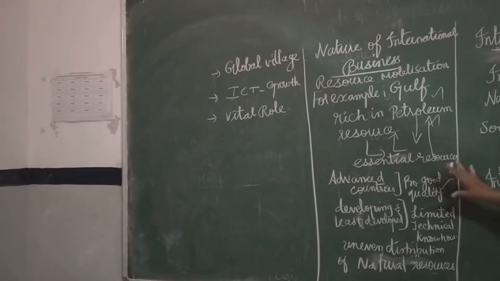Advanced countries are producing more technology-driven products, whereas the least and underdeveloped countries are lacking in technical know-how. Technologically we are weak, so we have to purchase the technically advanced product for our country. This is the reason we are doing international business.